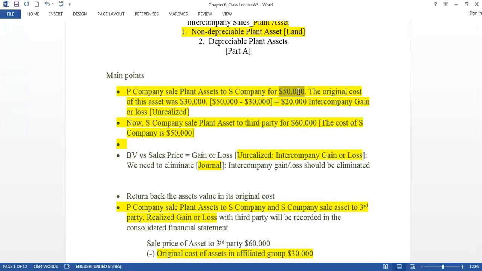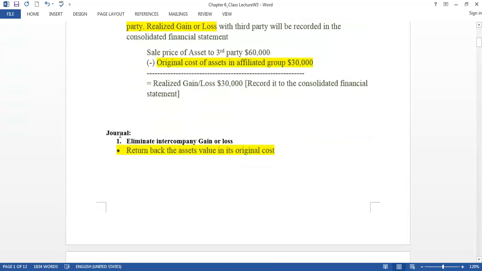So they record land debit $50,000, but actually land is $30,000. So we have to deduct another $20,000 to make it the original cost. So these are the two journal entries that you should figure out.